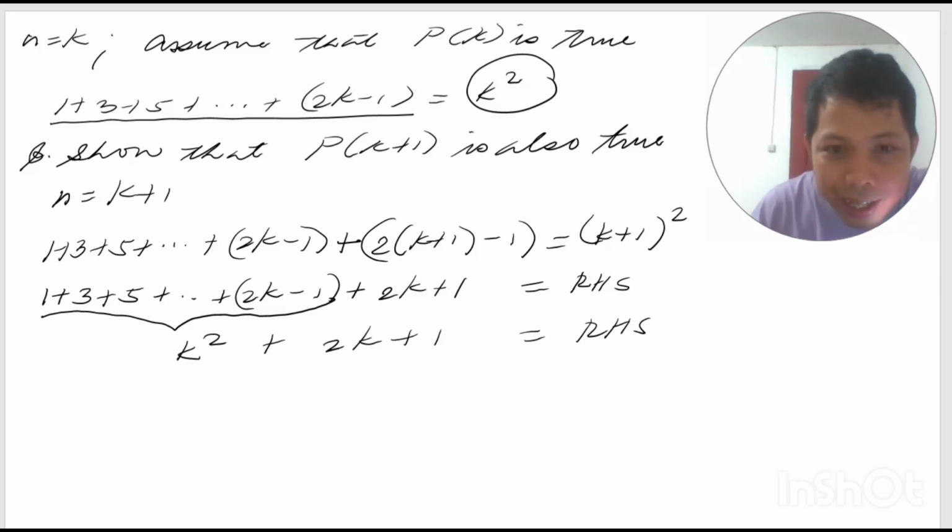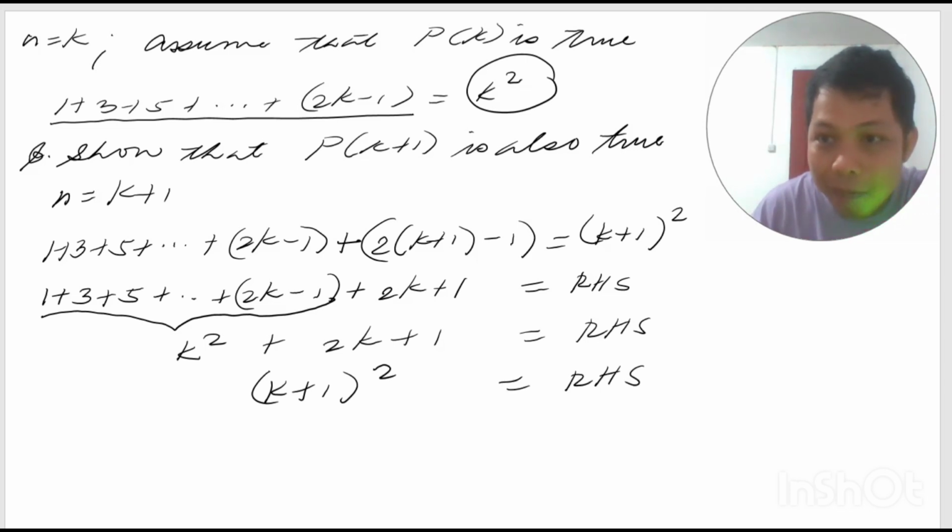We can factor this, and the factors are k plus 1 and k plus 1. So that is k plus 1 quantity squared, and that is really equal to the right-hand side of the equation. So this is true.